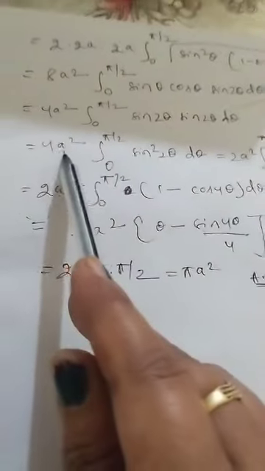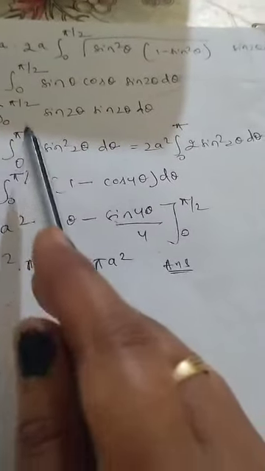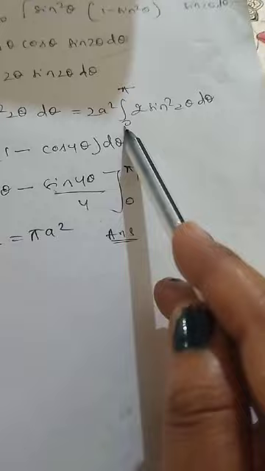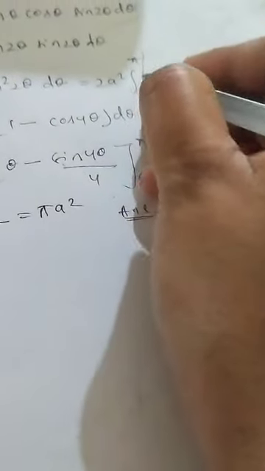That implies 4a square, 0 to pi by 2, sine square 2 theta d theta, is equal to 2a square, 0 to pi by 2, sine square 2 theta d theta.